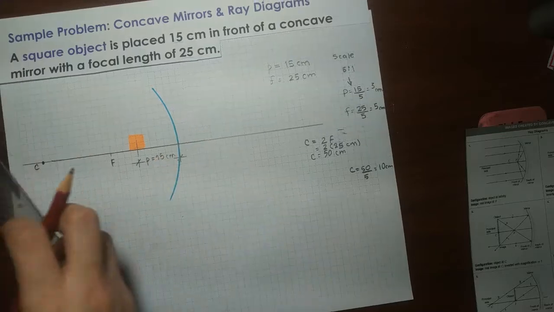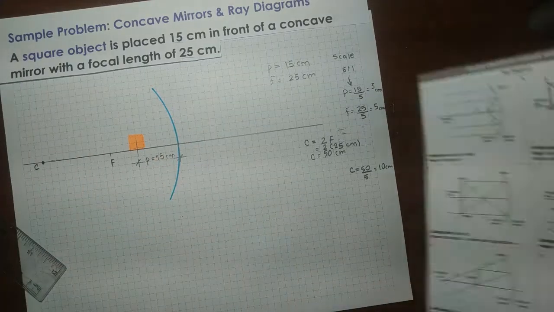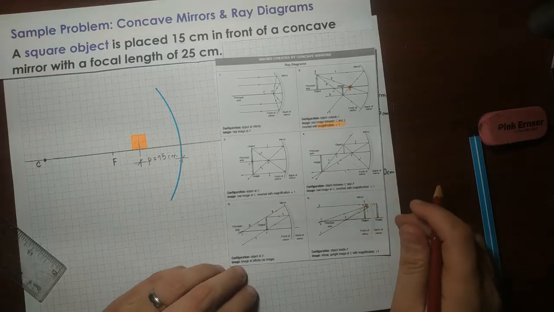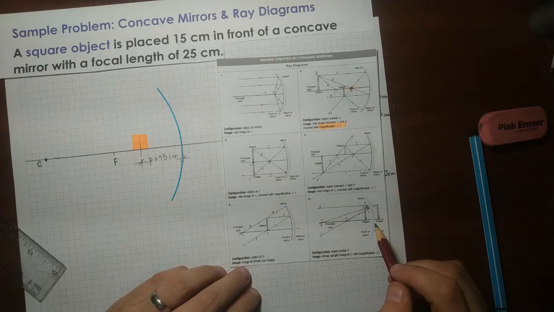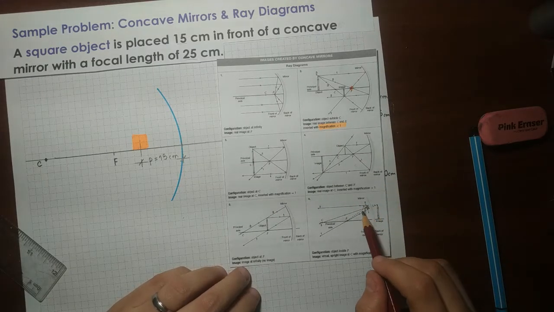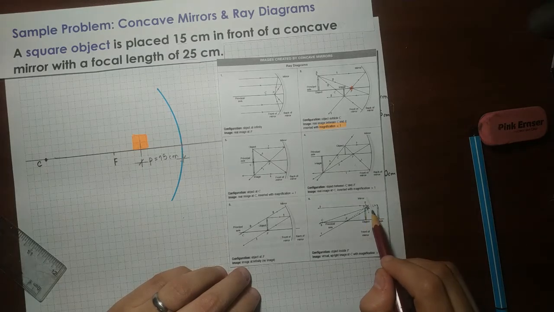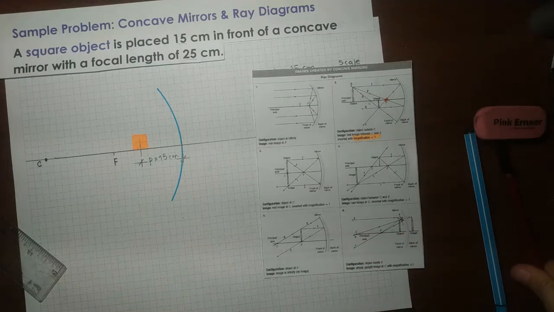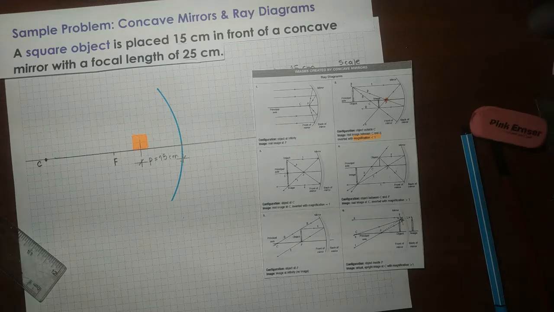Now I'm going to use the table as a guideline. It says that the first ray comes from the top of my object, horizontally touches the mirror, and then crosses through the focal length. So that's what I'm going to do. I will do my first ray in green.